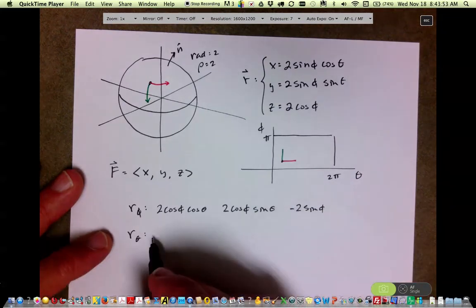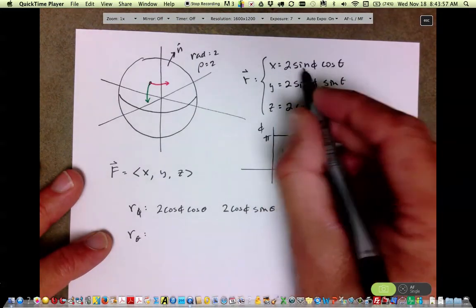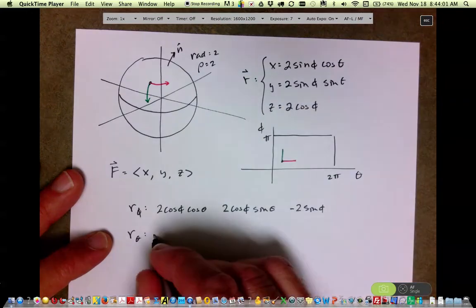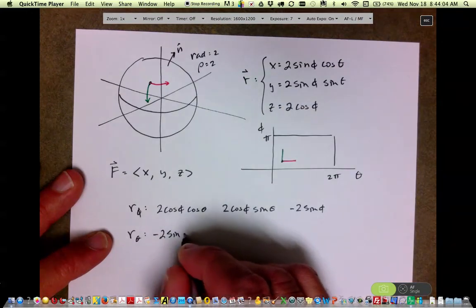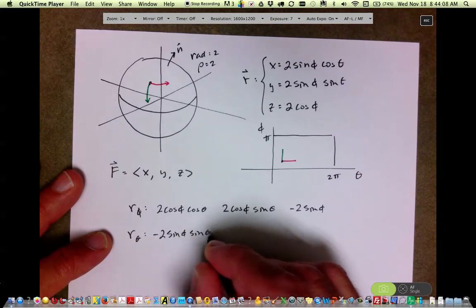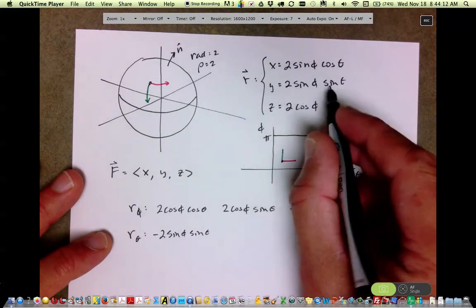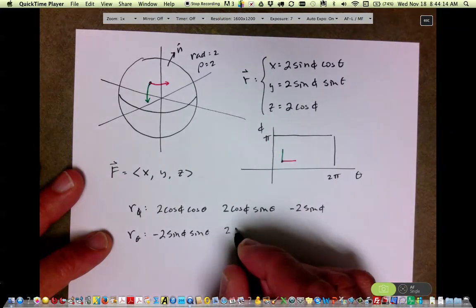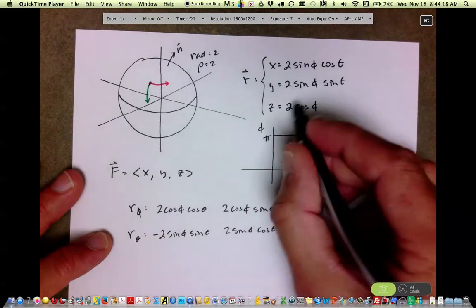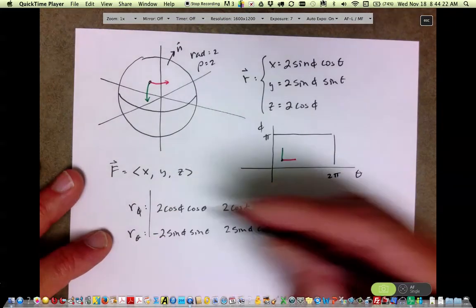Then if I take the derivative with respect to theta, we're going to get negative 2 sine phi sine theta. The derivative of this one is 2 sine phi times cosine theta. And the derivative of this one with respect to theta ends up being equal to 0. Finally we get something nice there.